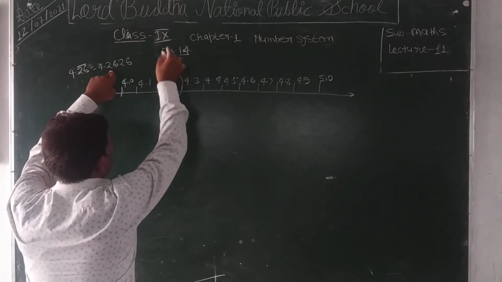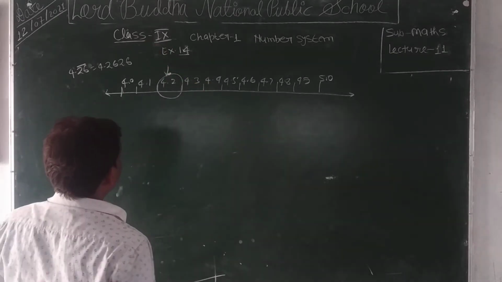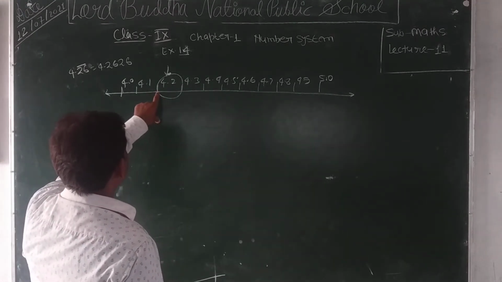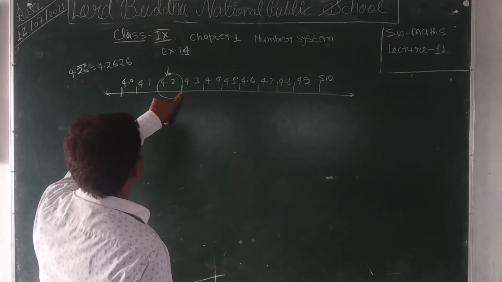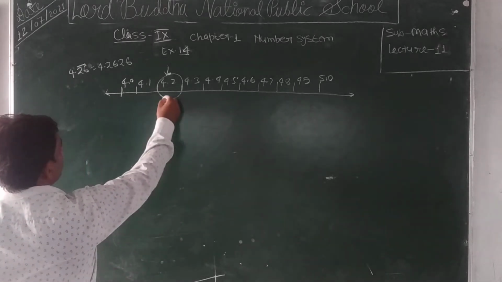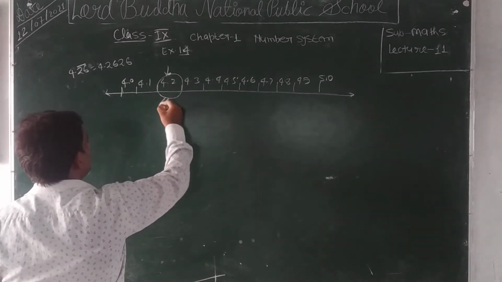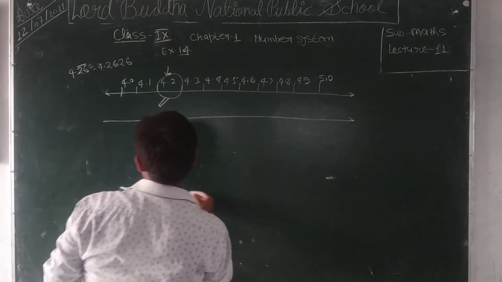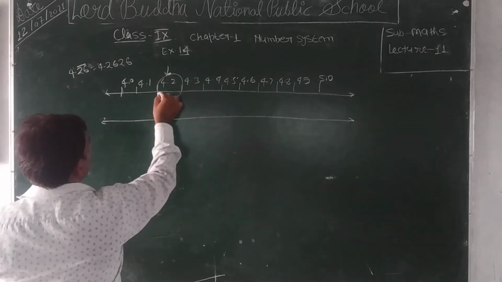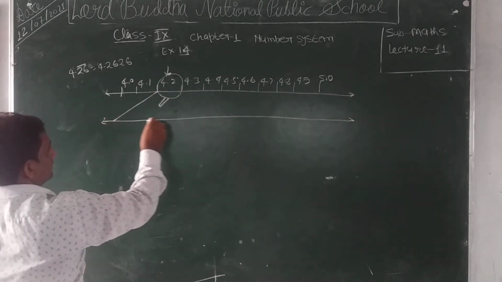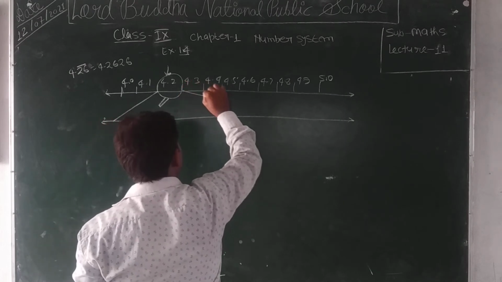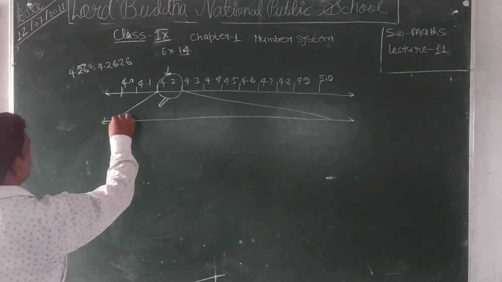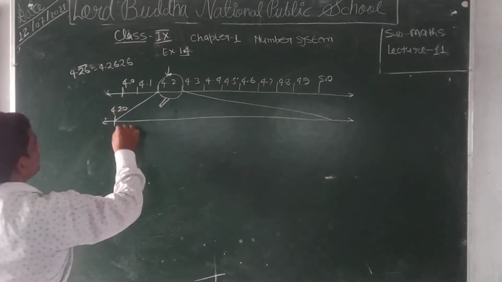Clear? We imagine dividing the length between 4.2 and 4.3 into 10 equal parts. For a clear view, we use a magnifying glass. Clear? Now, on magnification this point will be here and this will appear here.